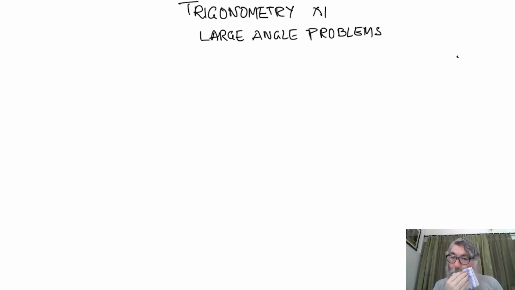So we will do some more questions based on this because they are part of your exercises. Basically, you have to understand the signs of all the ratios in different quadrants, as it is very important to understand the signs in the quadrants.